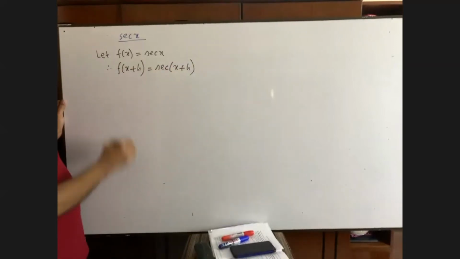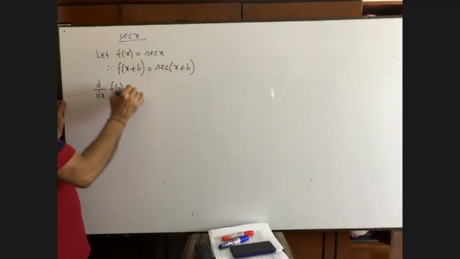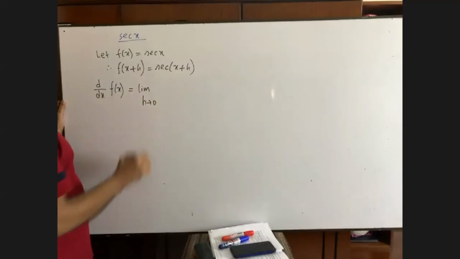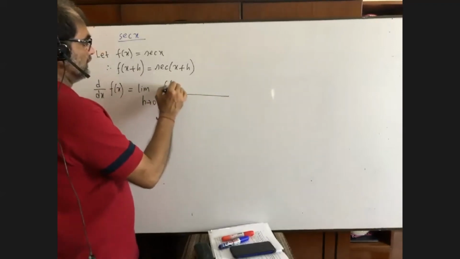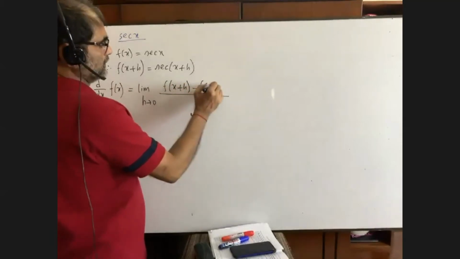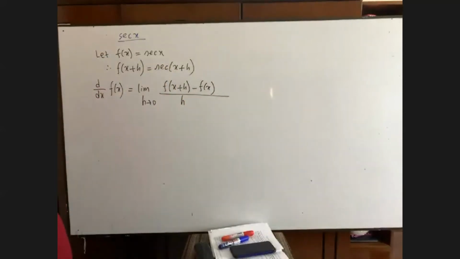We know d by dx of f(x) is equal to the limit as h tends to 0, then use the formula [f(x+h) minus f(x)] by h.